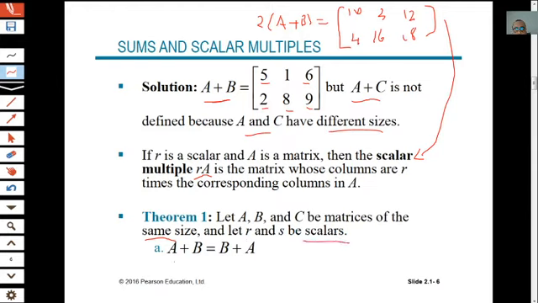We can change the places of the matrices when we apply addition. The order is not important in the addition operation. When we find A plus B, we also find B plus A. They are equal to each other. We can change the order of the matrices when we apply the addition operation.